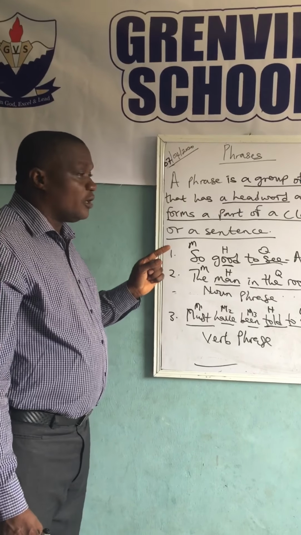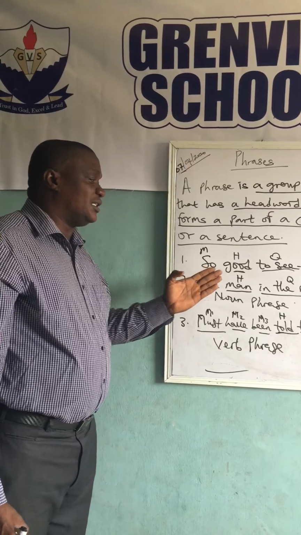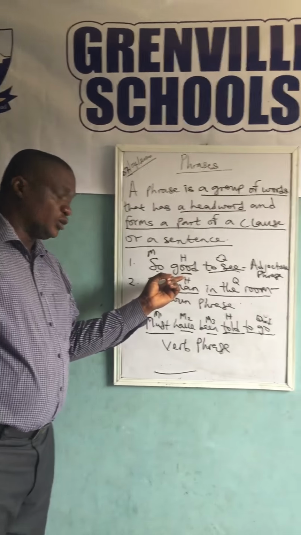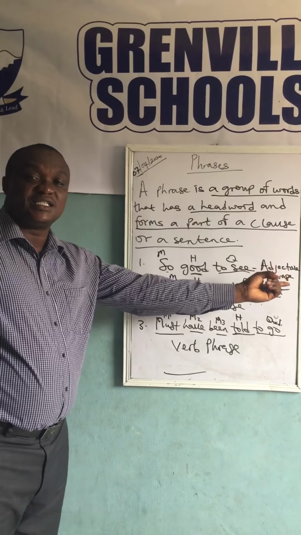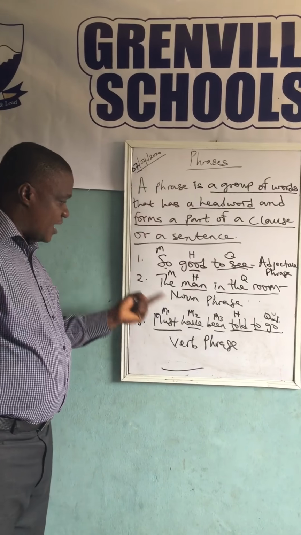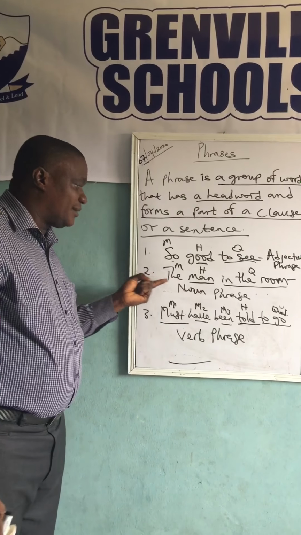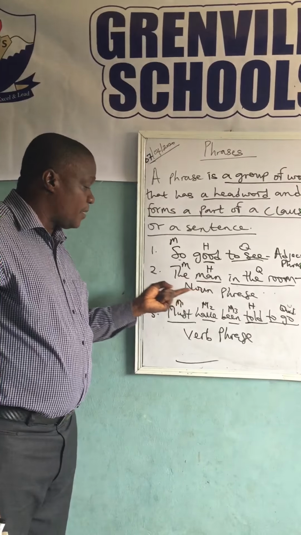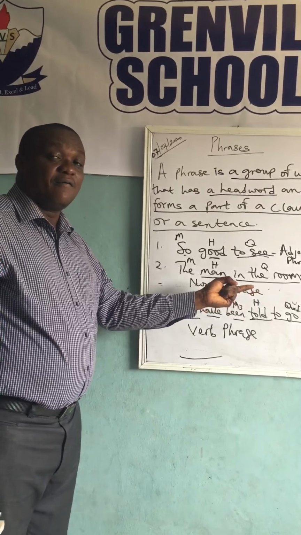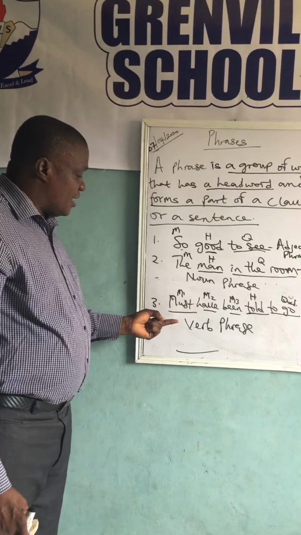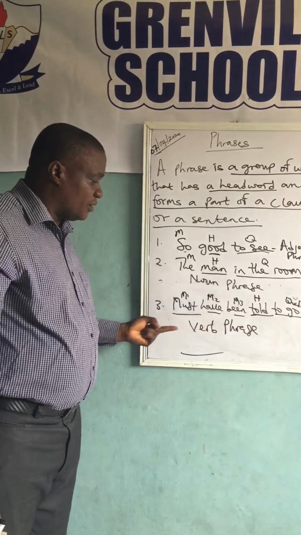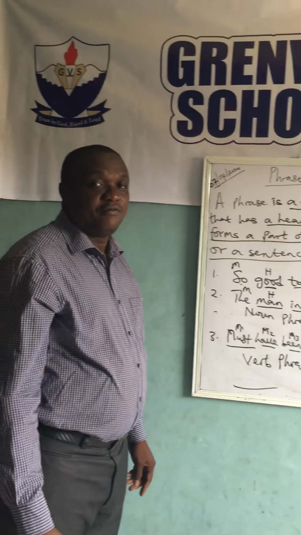So if the headword is an adjective like good, it becomes an adjective phrase. If the headword is man, like as we have here, it becomes a noun phrase. If the headword is a verb, it becomes a verb phrase.